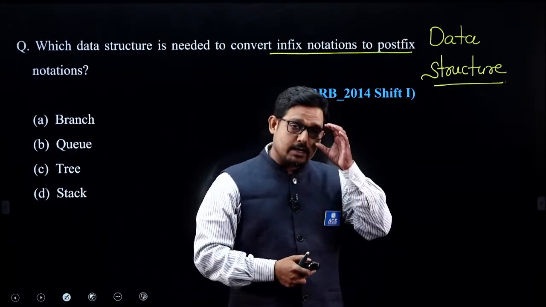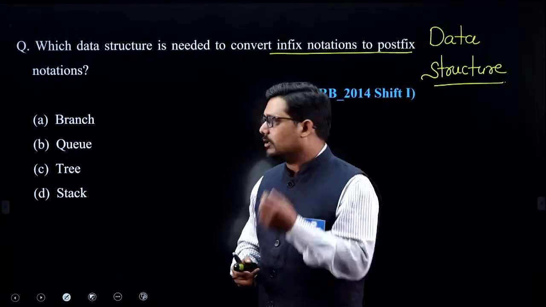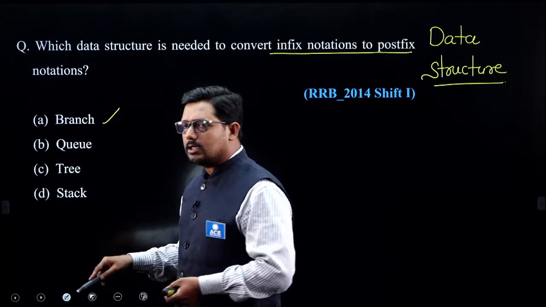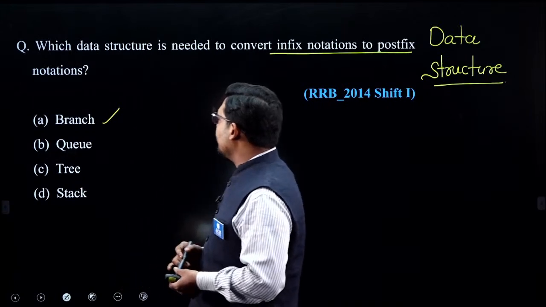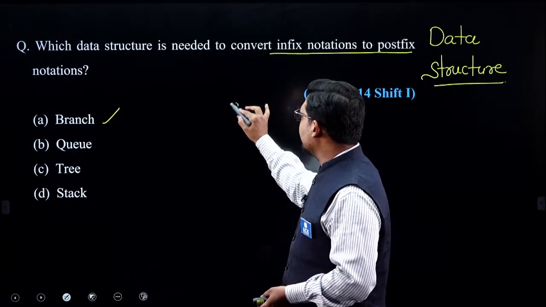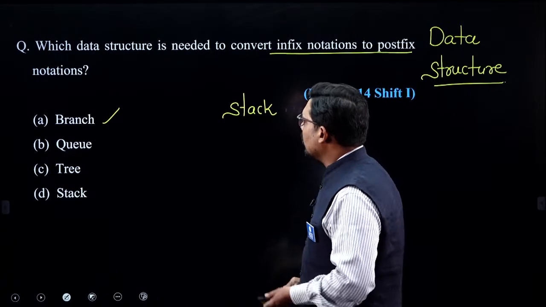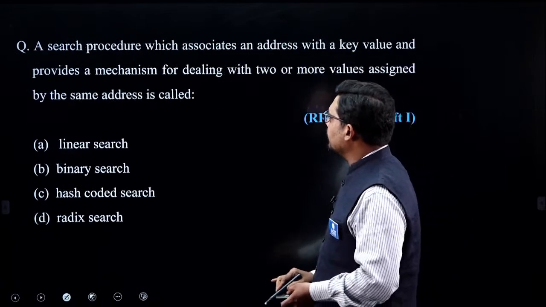What it is doing here is just asking about one of the applications of a data structure. The options are branch, which is nothing, queue, tree and stack. We know that the stack data structure is used for converting infix notation to postfix notation.